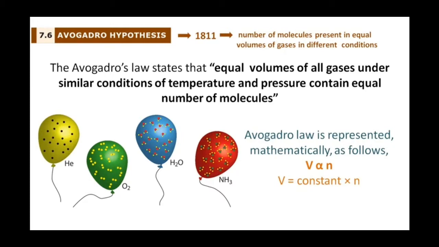That is, V is equal to constant into N. Hence, the mathematical representation of Avogadro's law is V is equal to constant into N. So, remember that Avogadro hypothesis relates volume and the number of molecules.